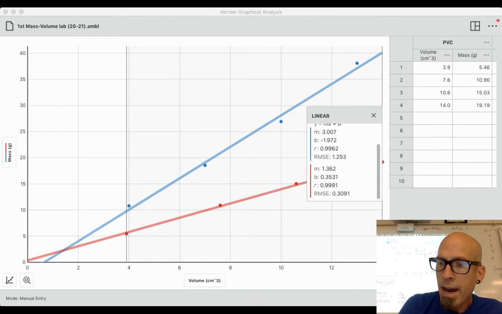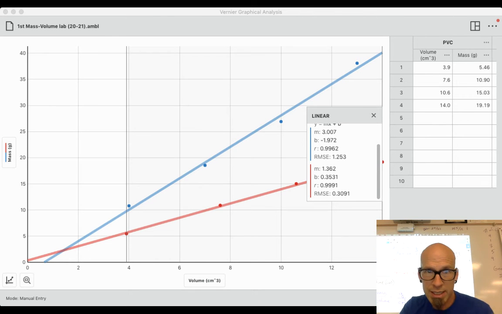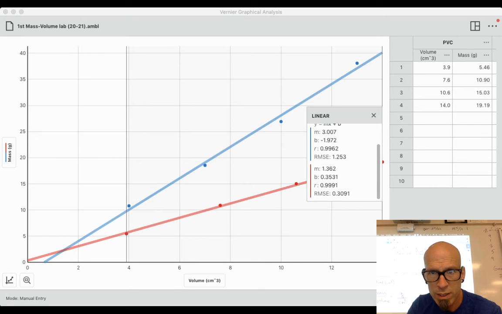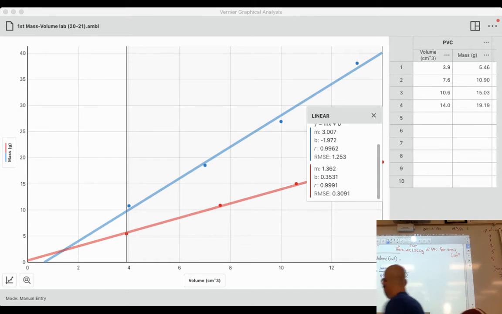All right. Now, the next question is this. If I have two blocks, one of aluminum, one of PVC, what does it mean? What are these numbers telling me about those two little chunks? For instance, if I sketch, let's just pretend that this is a 1 centimeter by 1 centimeter by 1 centimeter block, and that's of PVC.